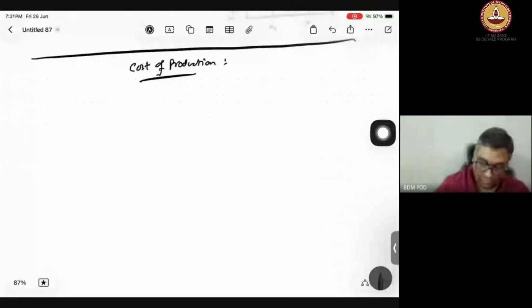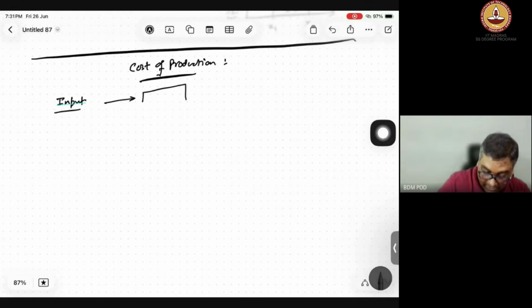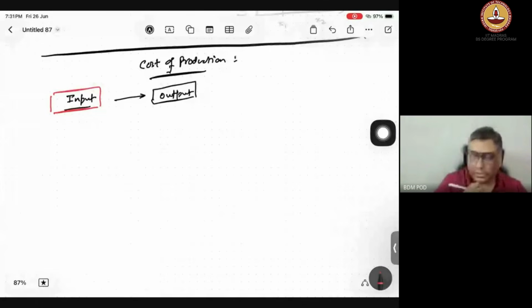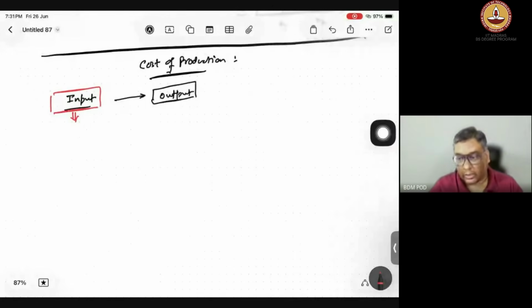Okay, so suppose there is an input, and with these inputs we are producing something that is called an output. So this is your output. We are doing different production activities to produce output. Now, for an input, what are the things required?